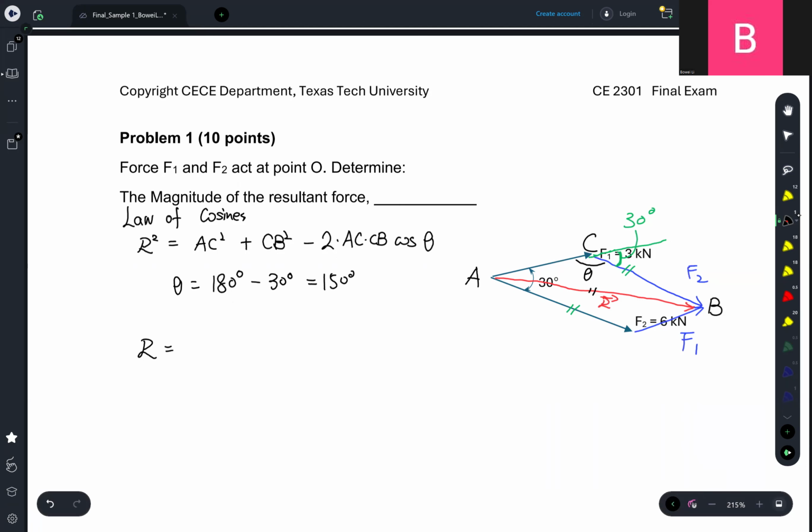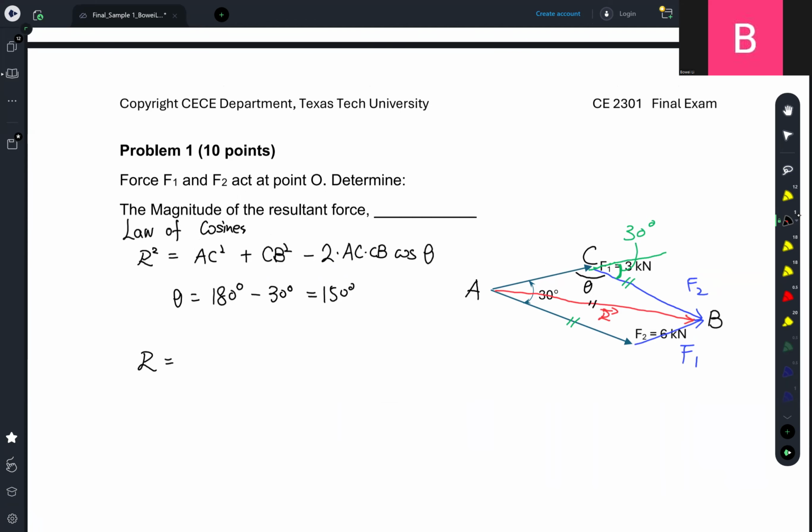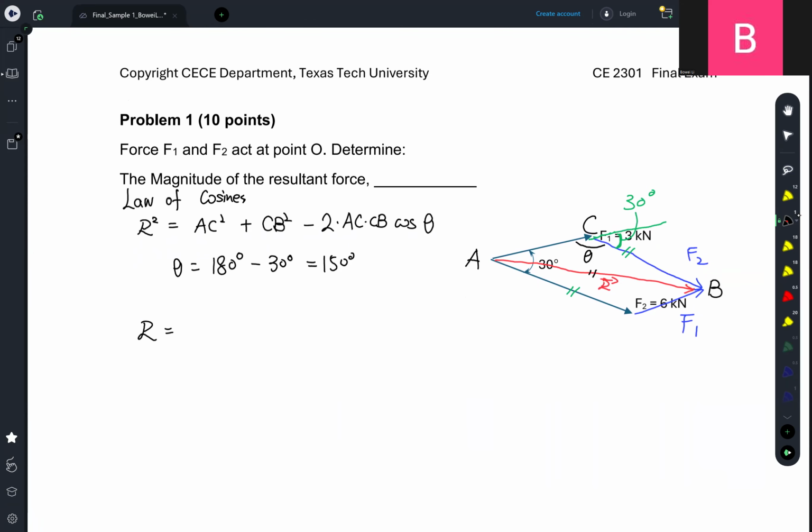R equals the square root of AC² plus CB² minus 2 times AC times CB times cosine of 150 degrees, where AC equals 3 and CB equals 6. That equals 8.73.